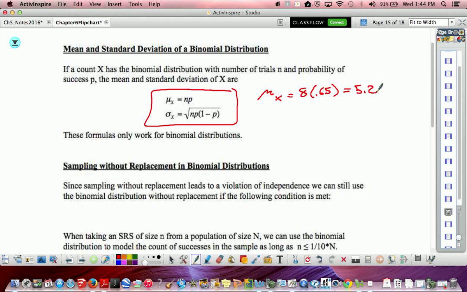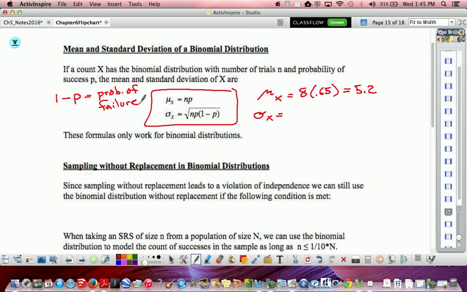The standard deviation is actually a much easier calculation than some standard deviations. It's the square root of the number of trials times the probability of success times 1 minus p, and you'll start seeing me refer to 1 minus p as the probability of failure.